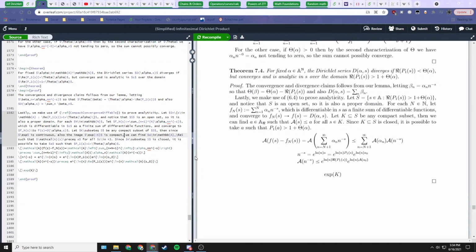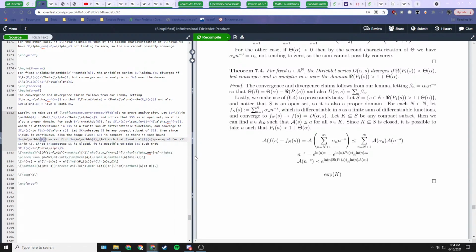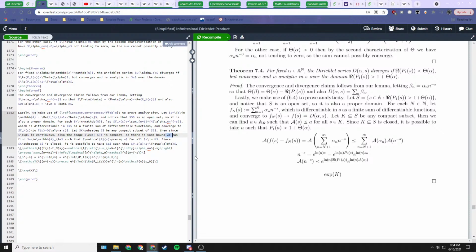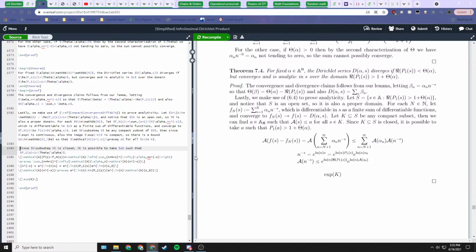So there is some bound A, so that we have e power minus s is bounded by A for all s in K. Okay, that's what we want.